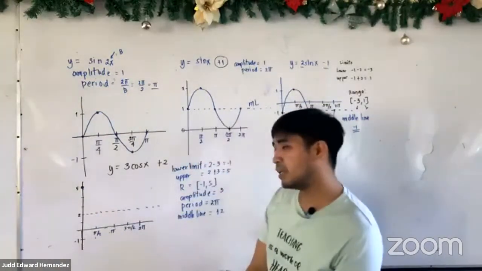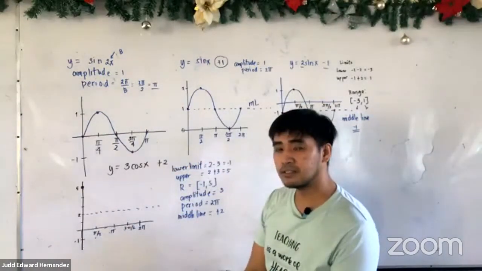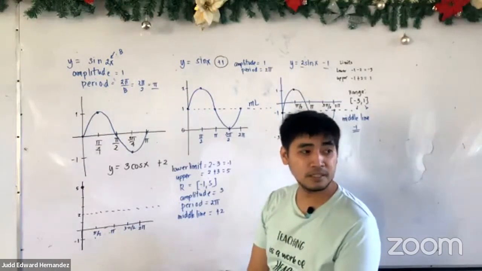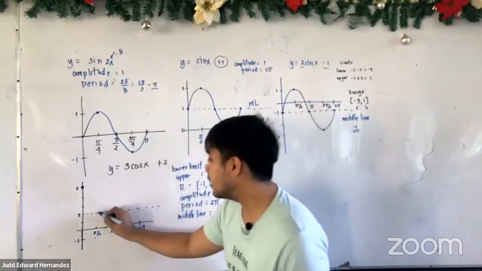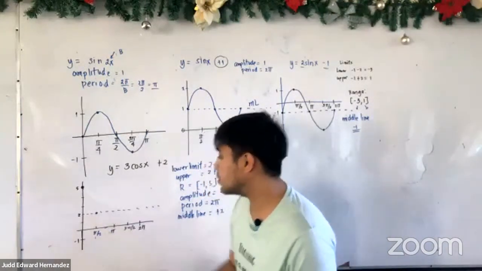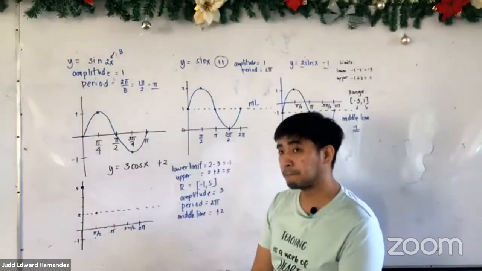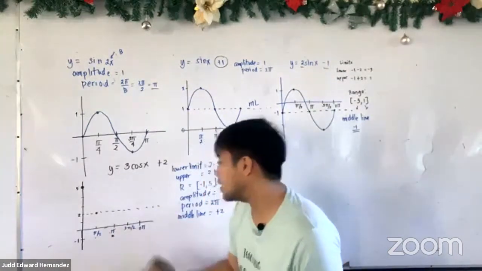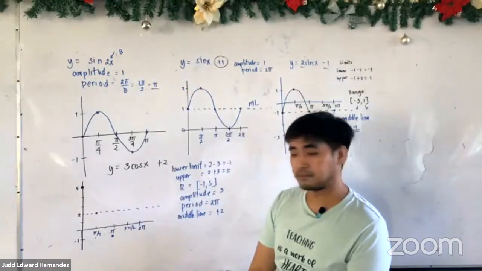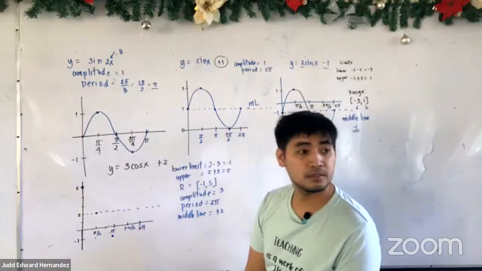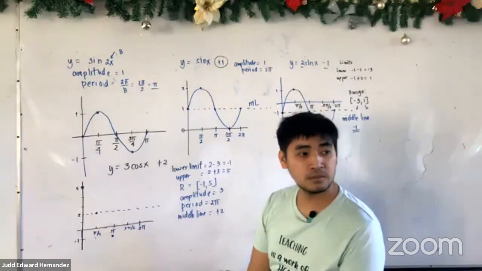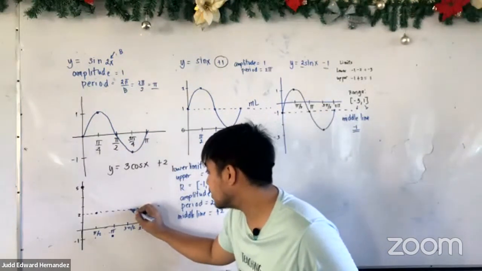Tapos, ano mangyayari? Saan siya babalik? Sa 2, po. Sa gitna. Okay, dito naman siya. Tapos, saan naman siya pupunta? Sa negative 1, po. Tapos, saan siya pupunta ulit? Sa 2, po, middle line ulit.